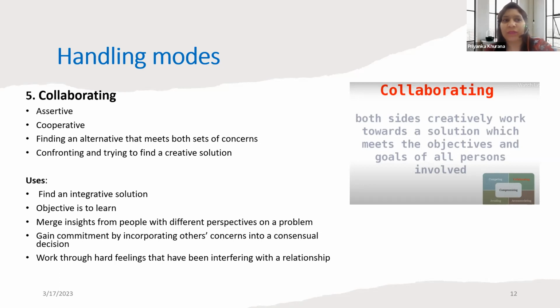Again, back to the audience, if there are any questions or any scenarios that they want to share. Priyanka, I had one from my team where we are working in a SAFe environment where two ARTs are there.